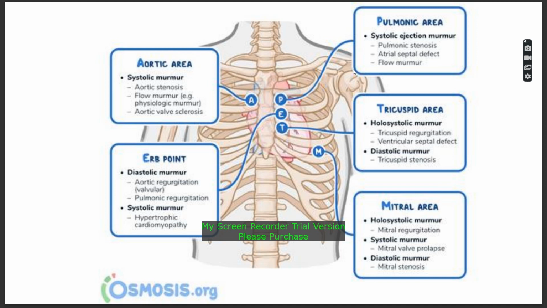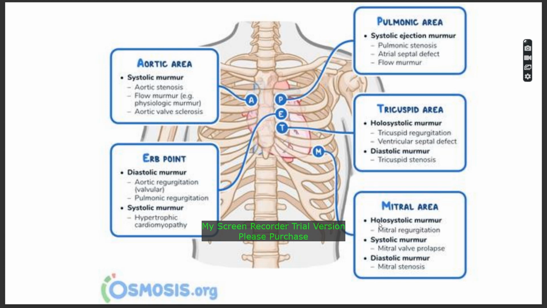These are the diseases where we can find the aortic systolic murmur. Then pulmonic area, systolic ejection murmur: pulmonic stenosis, atrial septal defect, flow murmur. Tricuspid area, pansystolic murmur: tricuspid regurgitation, ventricular septal defect; diastolic murmur: tricuspid stenosis.